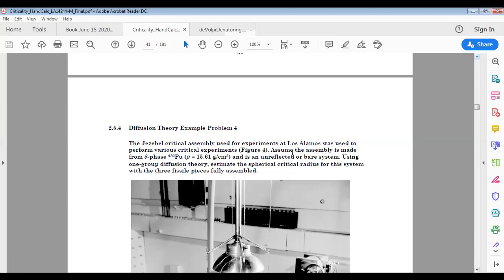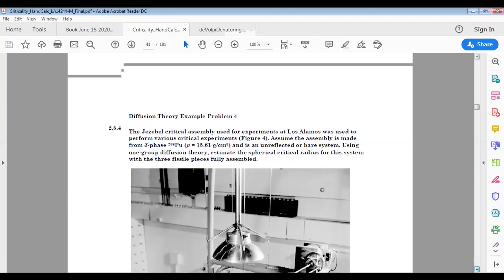Okay, so let's look at this problem number 4, how do we estimate the criticality. Now you know that plutonium was made for the first time by, I think, the first chairman of the US Atomic Energy Commission.